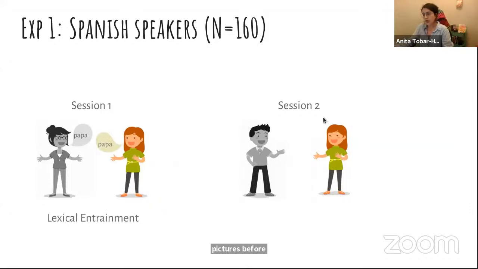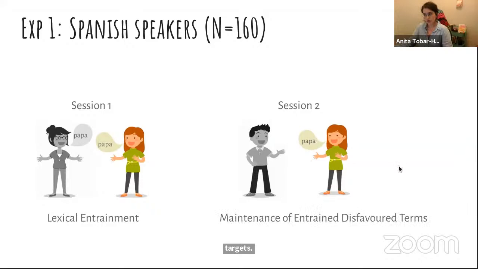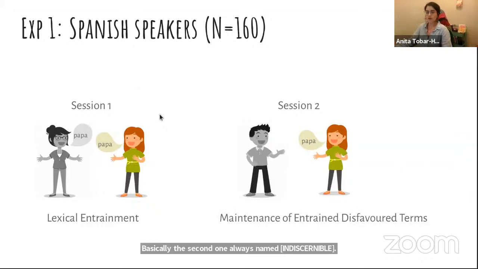In the second session, they encountered a new partner, and participants were the only ones who named the critical targets. They never experienced their new partner naming the critical targets, which means the second partner always named fillers. We measured whether participants maintained entrained terms from the first session, so we measured maintenance of entrained disfavored terms. If participants entrained in session 1, how likely were they to maintain that word in session 2?